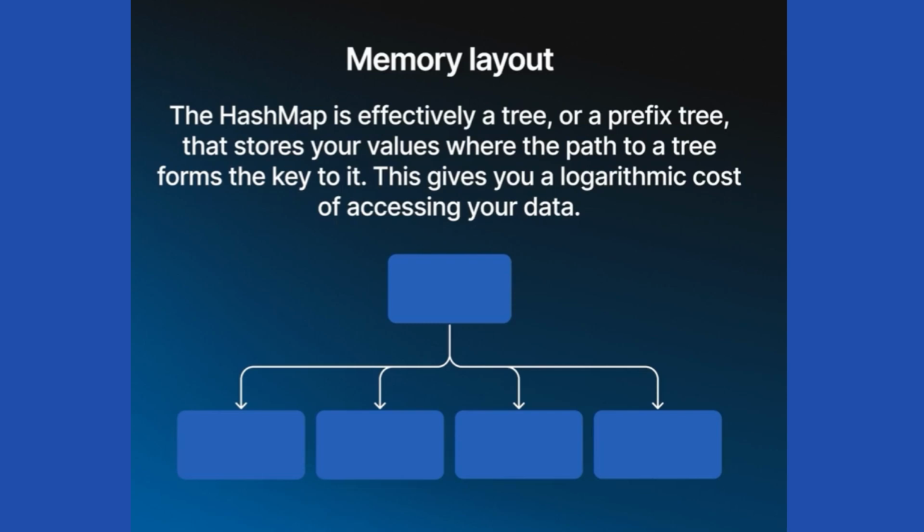So the hash map is effectively a tree, or a prefix tree, that stores your values where the path in the tree forms the key to it. This gives you a logarithmic cost of accessing your data, and the built-in tools in the TVM give you a usable interface to iterate over all of this data or do insertions and deletions to that data.